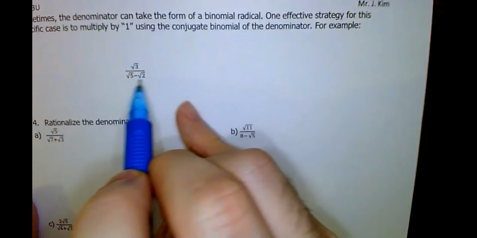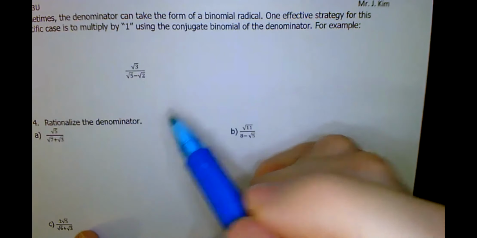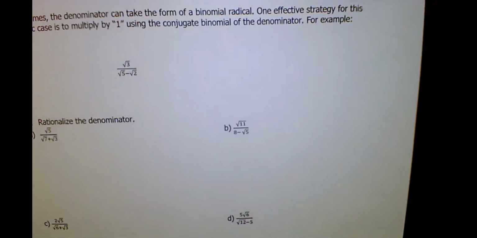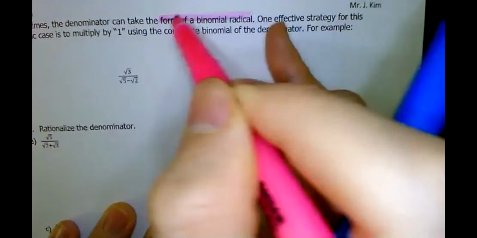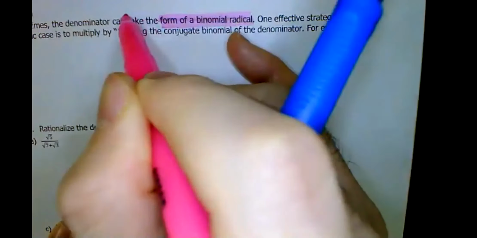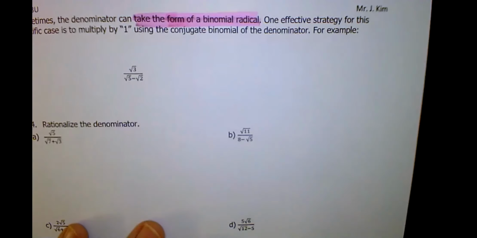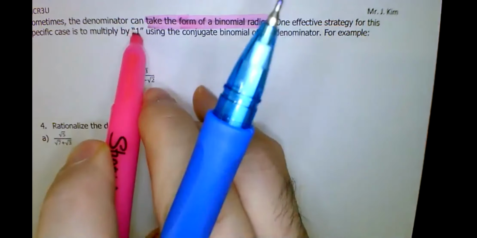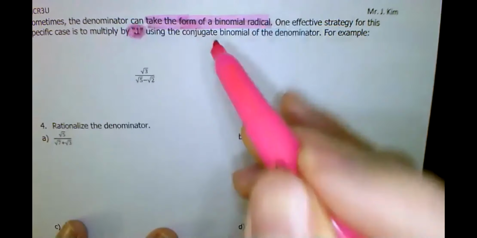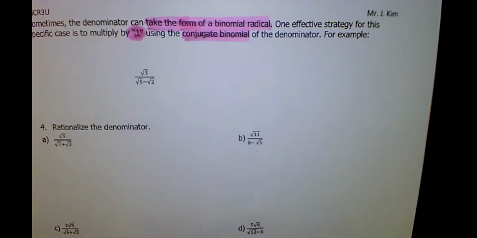What happens when you have a binomial? Impossible? No, not impossible. Again, what if the denominator takes the form of a binomial radical? There is a strategy. We are still multiplying it by 1, but we're going to multiply by the conjugate binomial.